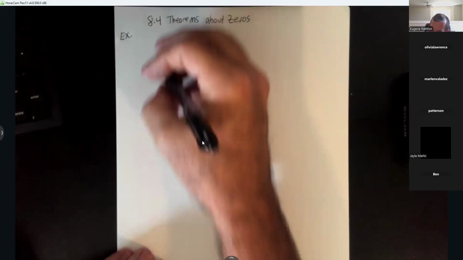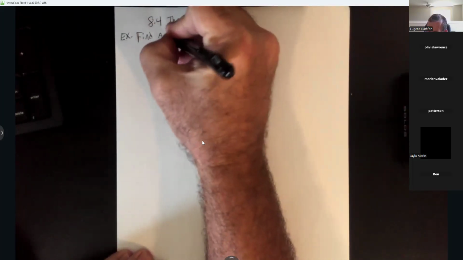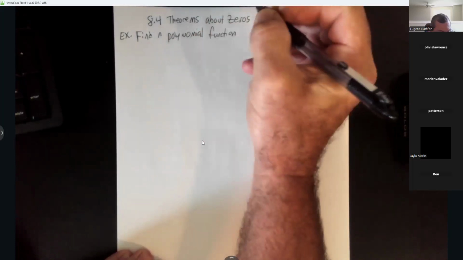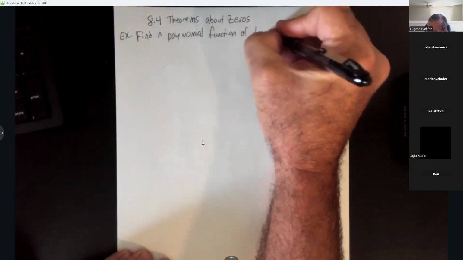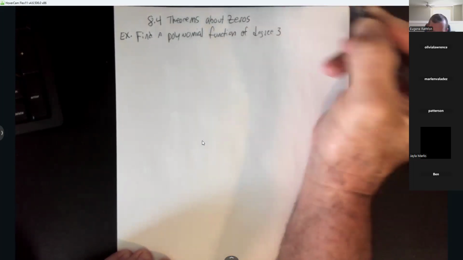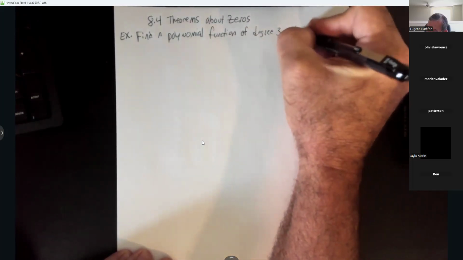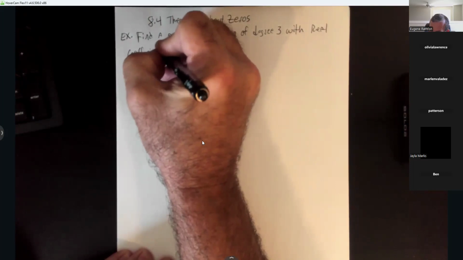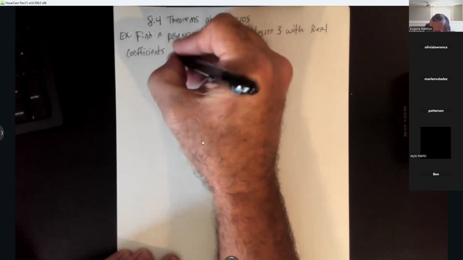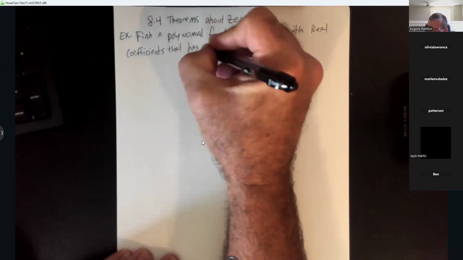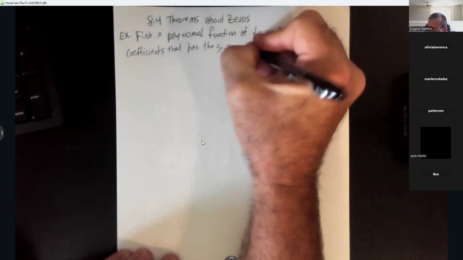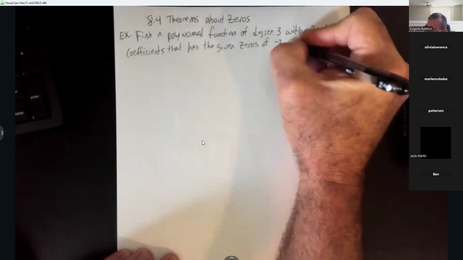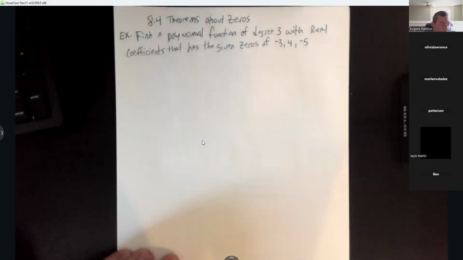So this first problem wants me to find a polynomial function of degree 3 with real coefficients that has the given zeros of -3, 4, and -5.